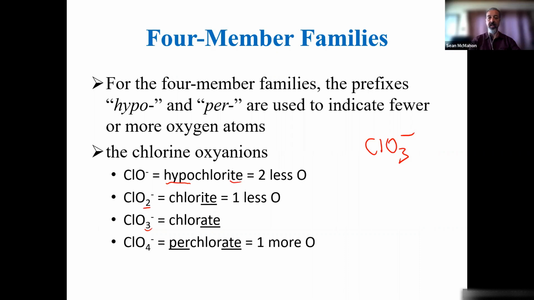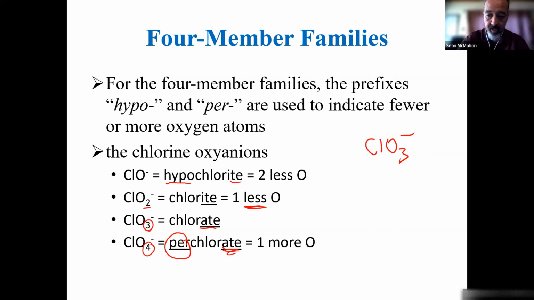The 4th is, now I don't have 3, I have 1 more. So I still keep the 8 suffix. It's not ite because I'm not less, I'm more. So I keep the 8, but now I add the per prefix. I know you would think hyperchlorate, but no, it's perchlorate.